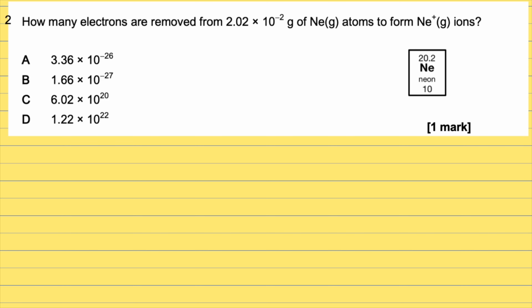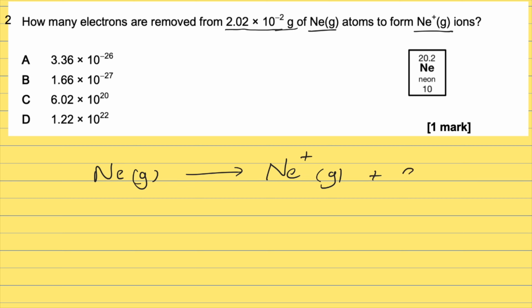How many electrons are removed from 2.02 times 10 to the minus 2 grams of neon atoms to form neon plus ions? So the equation: neon is forming neon plus ions plus e minus.